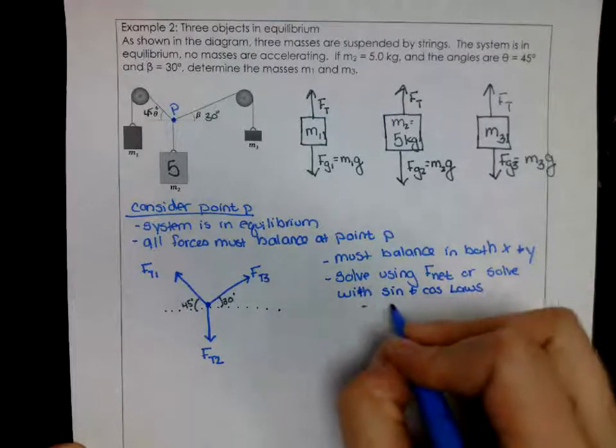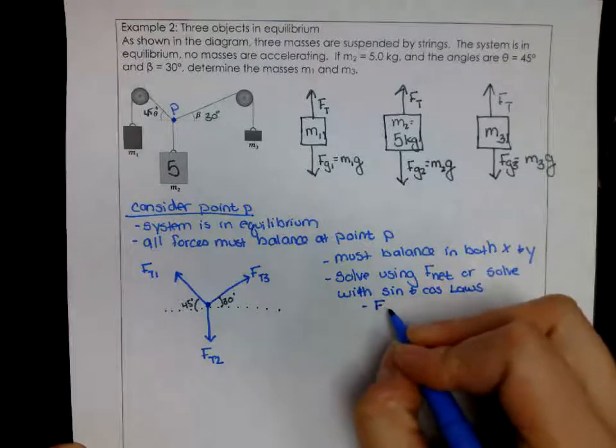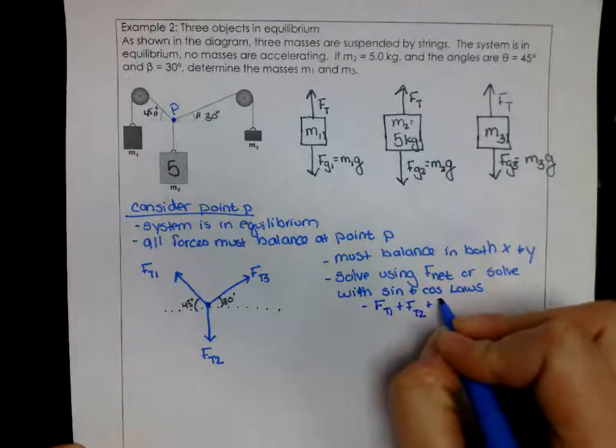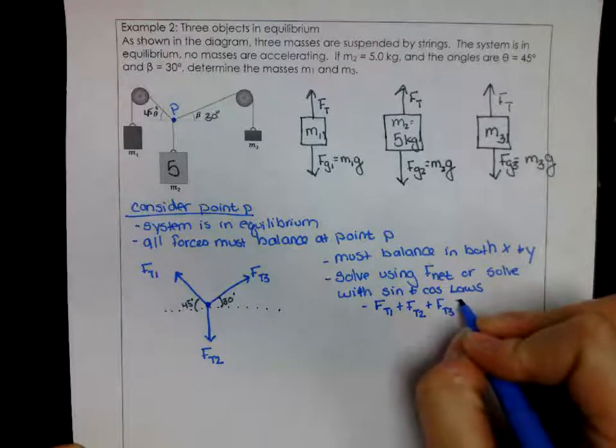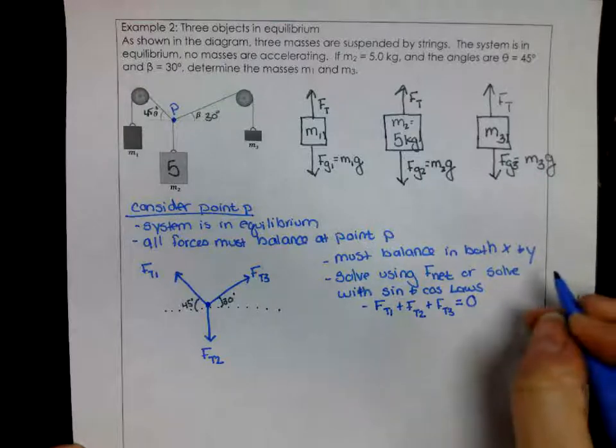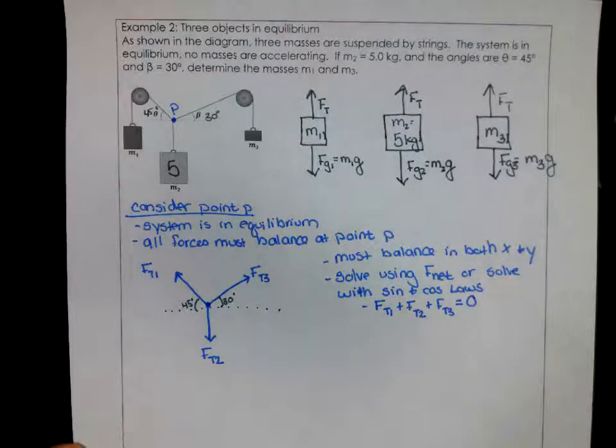So if you did that, you would say that the force of T1 plus the force of T2 plus the force of T3 is equal to 0. And then you would use vector addition to get all those forces.